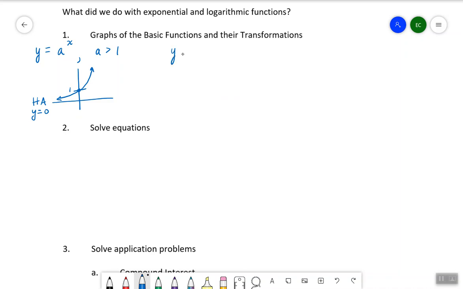We also have y equals a to the x, where a is between 0 and 1, and we call that exponential decay. Notice that for exponential growth, the function is increasing, and for exponential decay, the function is decreasing.